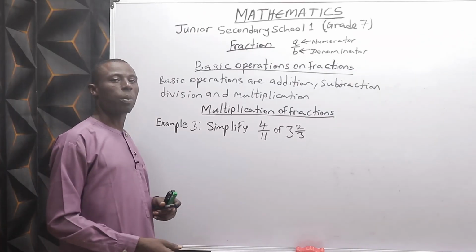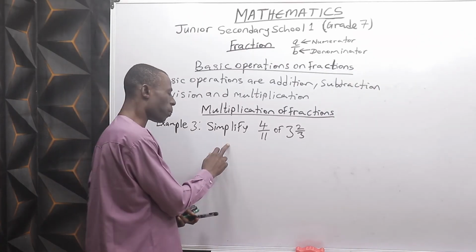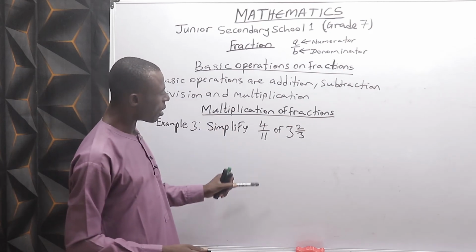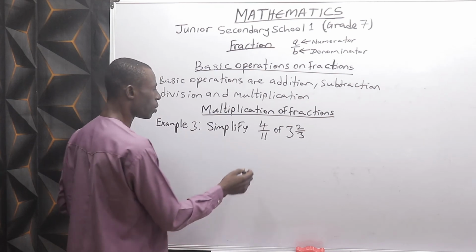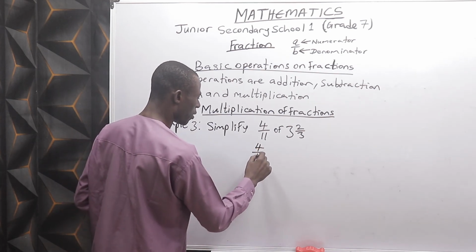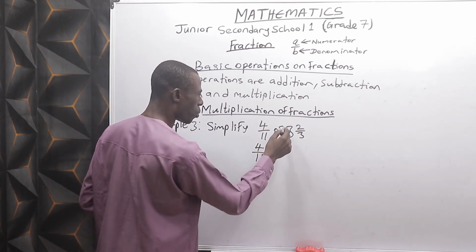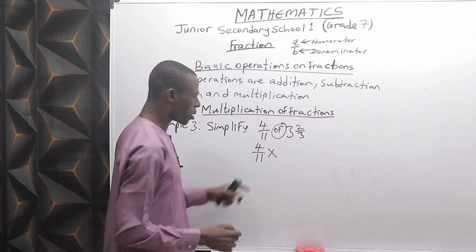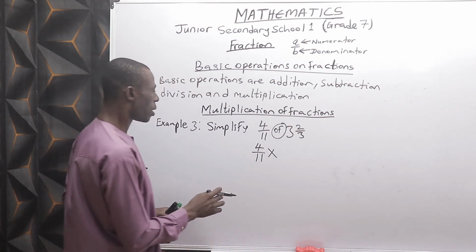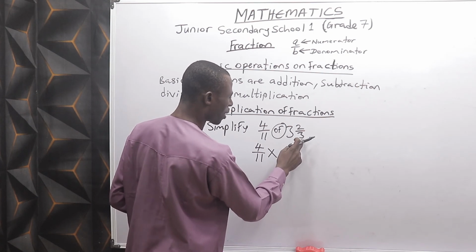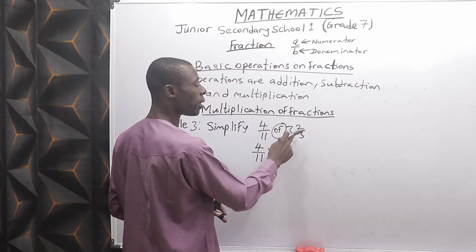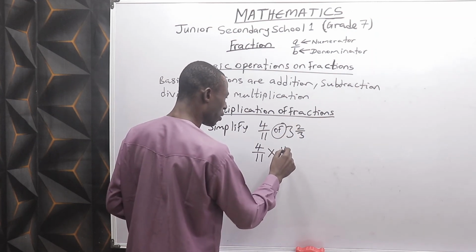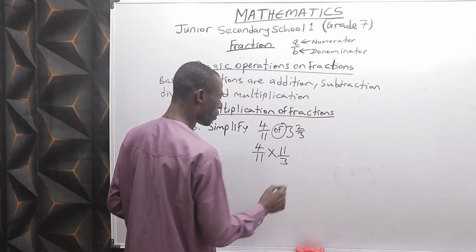Let's consider example 3. Simplify 4 over 11 of 3 whole number 2 over 3. This is 4 over 11 times, wherever you see this word "of" is multiplication in mathematics, you convert 3 whole number 2 over 3 to improper fraction. 3 times 3 is 9. 9 plus 2 is 11 over 3.